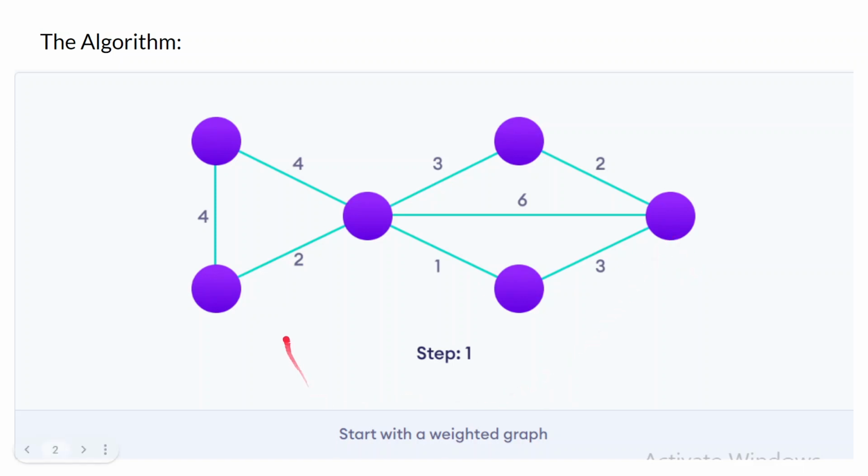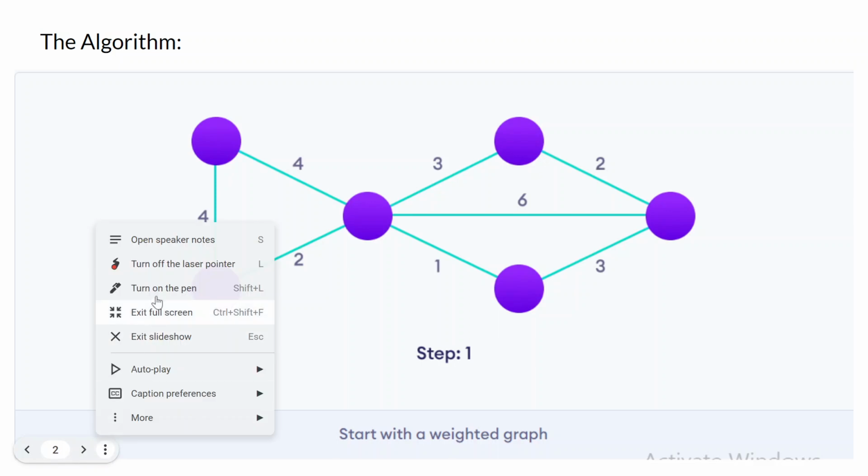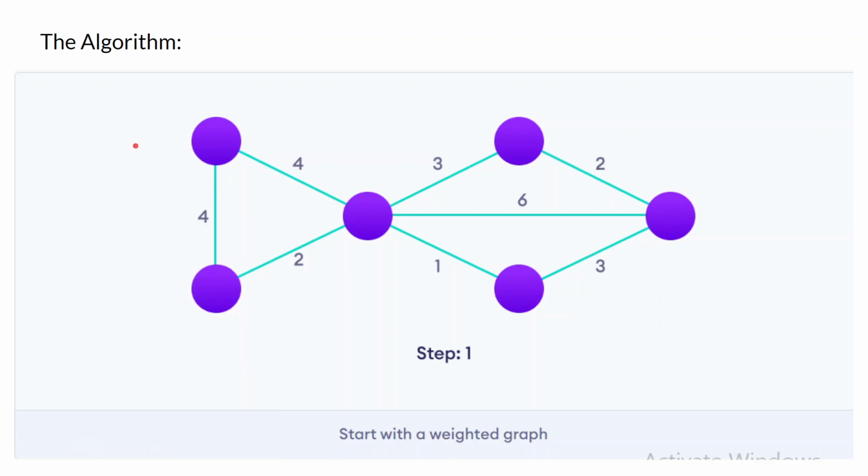You have 6 nodes, and each index corresponds to these 6 nodes. Let me show you how we are going to store it. For the first index, denoting this node, let's consider this node as 0.